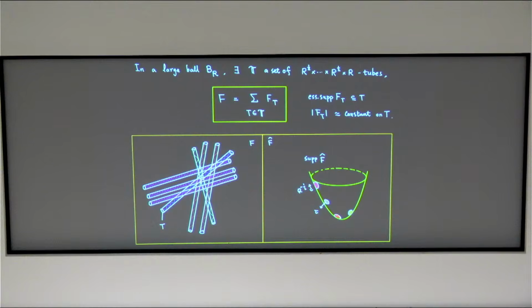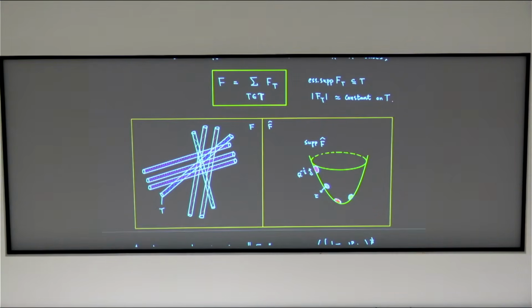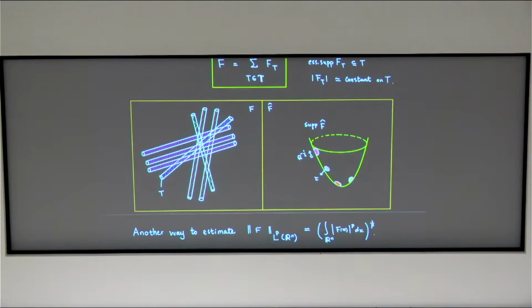I made them the same color, pointing in the normal direction of the cap. Each cap might correspond to several parallel tubes, and different caps correspond to tubes pointing in different directions. And this is where the curvature comes in, because we have different normal directions, so we have tubes pointing in different directions. This is just a review of what Josh talked about in the first talk.